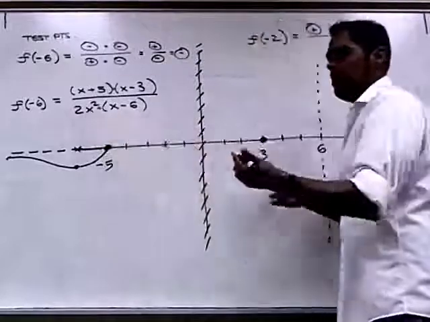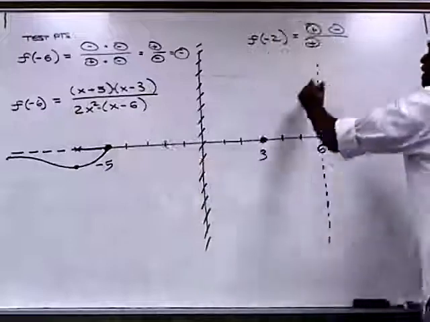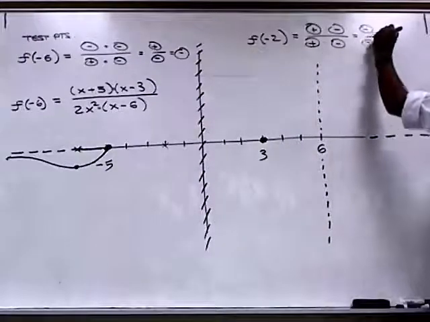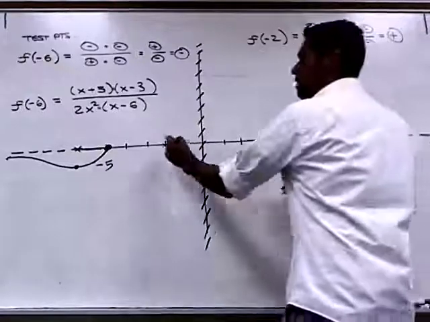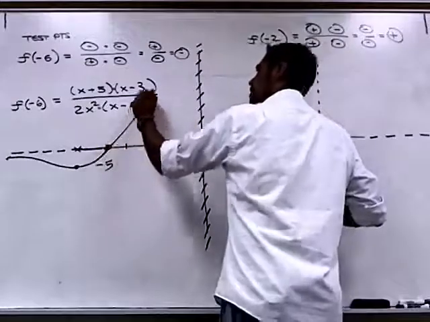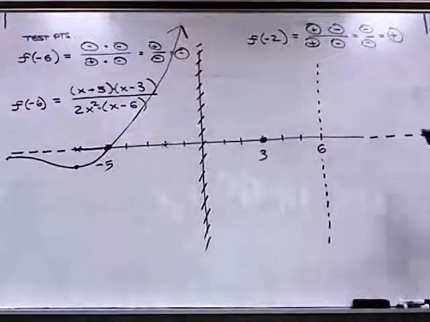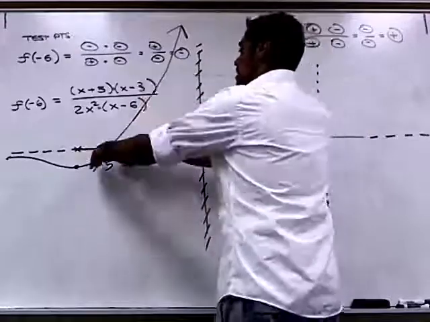Times 2 is positive, right? Bottom right, negative 2 minus 6? Negative 8. The top is negative. The bottom is negative. Negative over negative is positive. So it is positive, which means it's somewhere up here, right? So I'm going to draw my graph this way like that. I don't care what the value is. I just care that it went up and it didn't bounce and come back down.